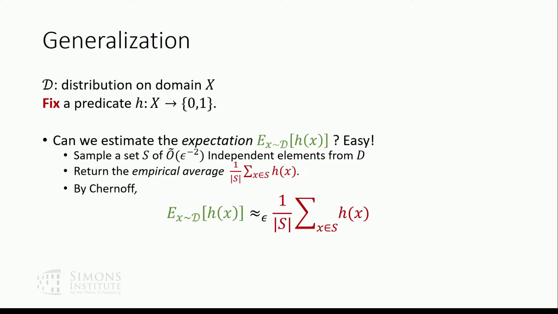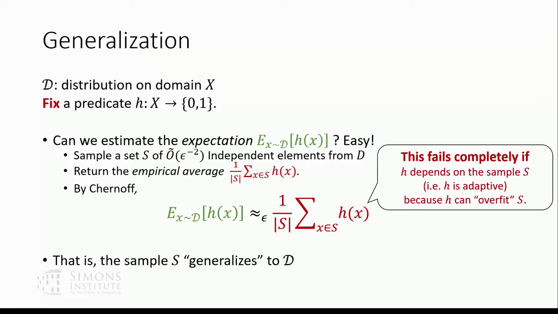You can just sample something like 1 over epsilon squared independent elements from D and average. By Chernoff, you get concentration, and this is all good. When the empirical average gives you the real expectation, we say that this sample S generalizes to this distribution D.